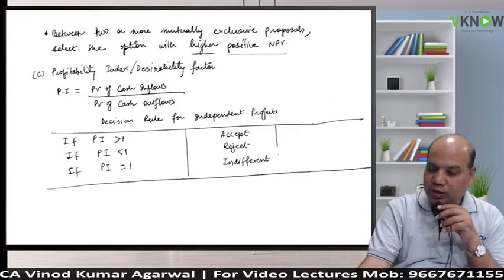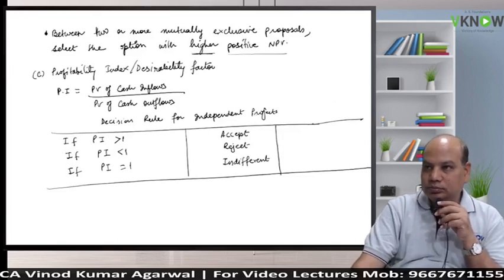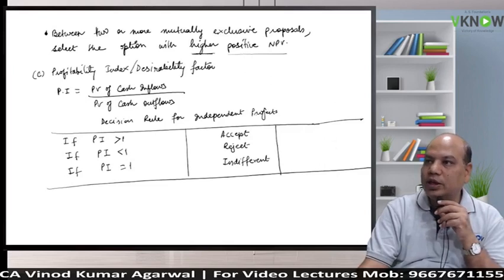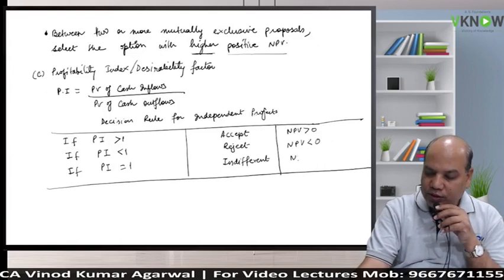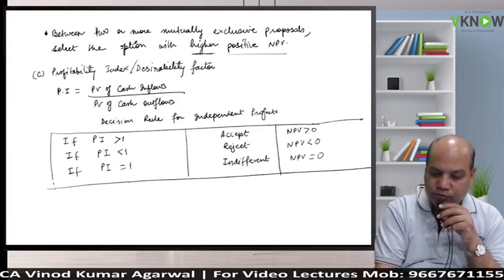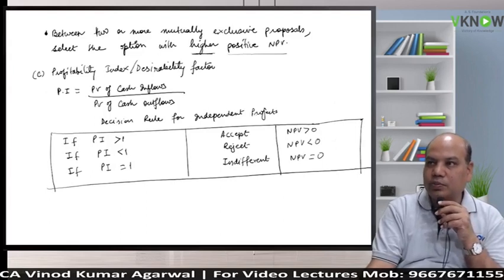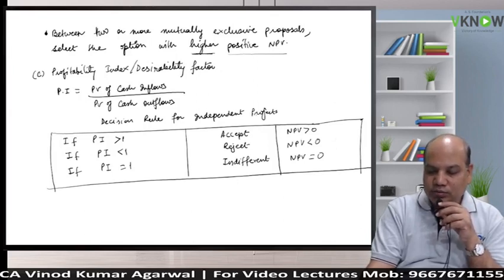So profitability index and net present value method give you the same conclusion for independent projects. Because profitability index greater than 1 is the same as NPV greater than 0, less than 1 is the same as NPV less than 0, and equal to 1 is the same as NPV equal to 0. So when you are evaluating one single project, either use profitability index or NPV method, you will get the same answer.